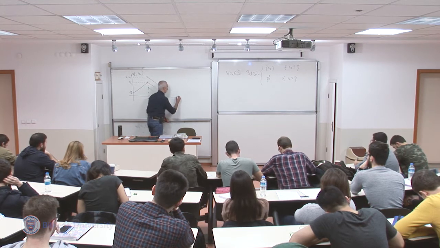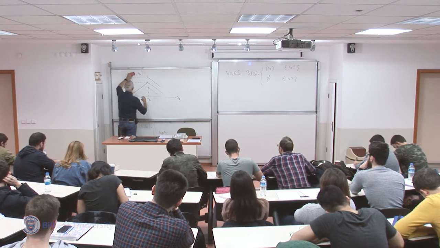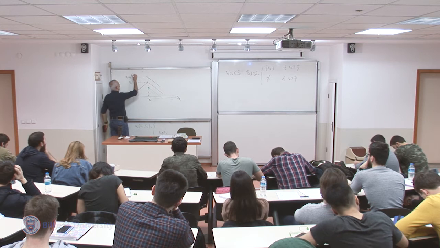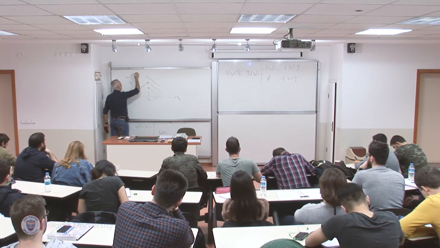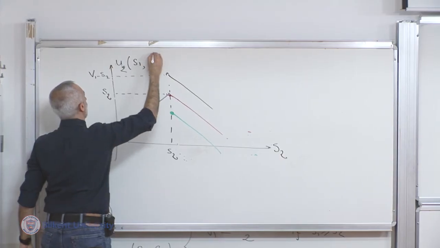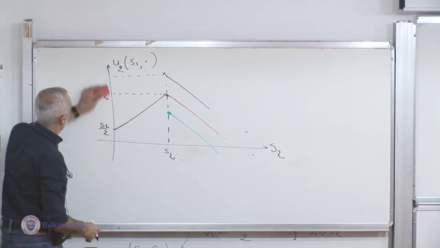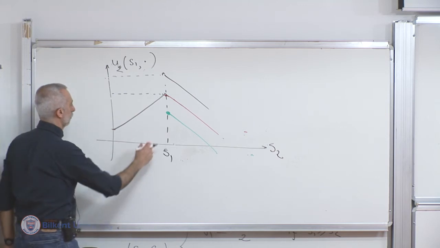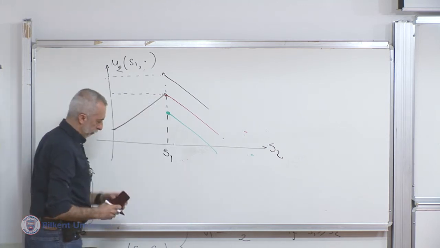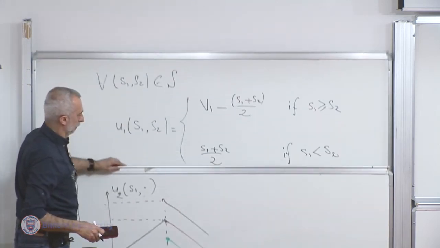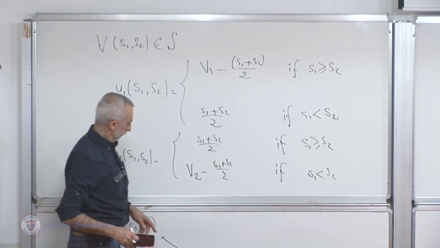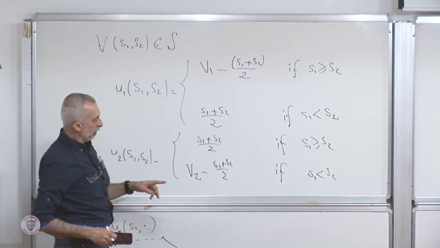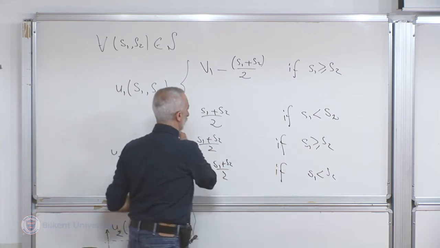So that's a function of S2. We're drawing U2 given S1 as a function of S2. So this time we have S1. We're drawing it as a function of S2.